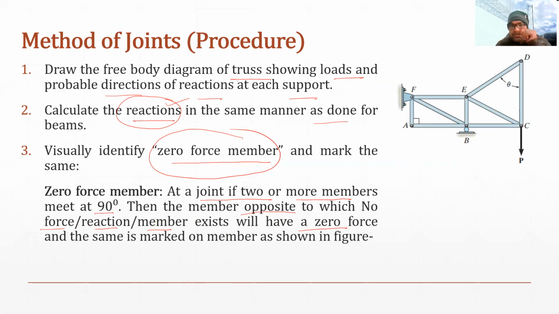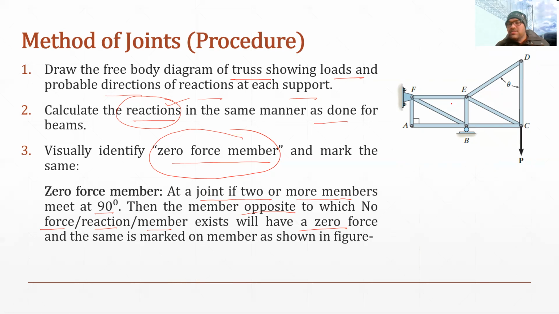Well, this is an example of a truss. In the truss, you can see there are members FE, FB, FA, member AB, then members EC, ED, DC.